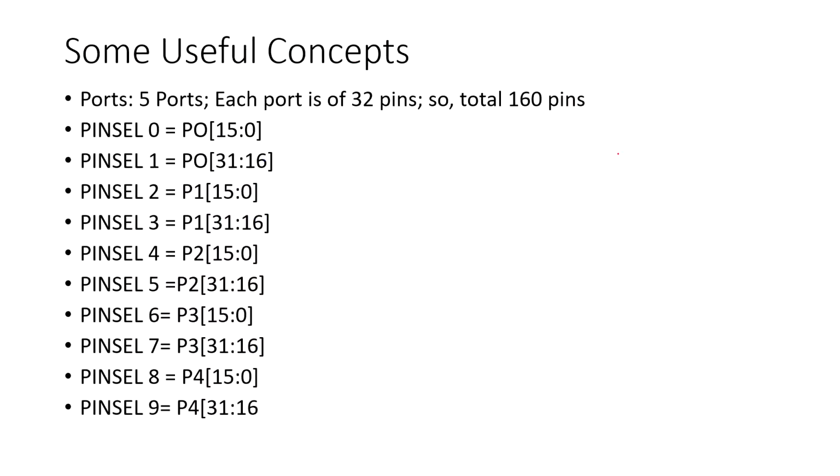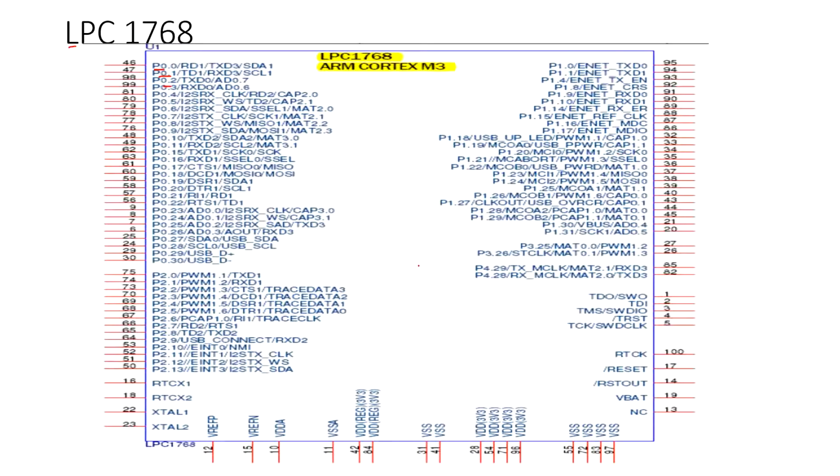If I go to the pin diagram, I find this is the pin which is there as pin 2.13. Here you can see that P2.13 is interrupt and as well as it is SDA, which is nothing but serial data. So P2.13 has two different functions, one is interrupt as well as SDA.